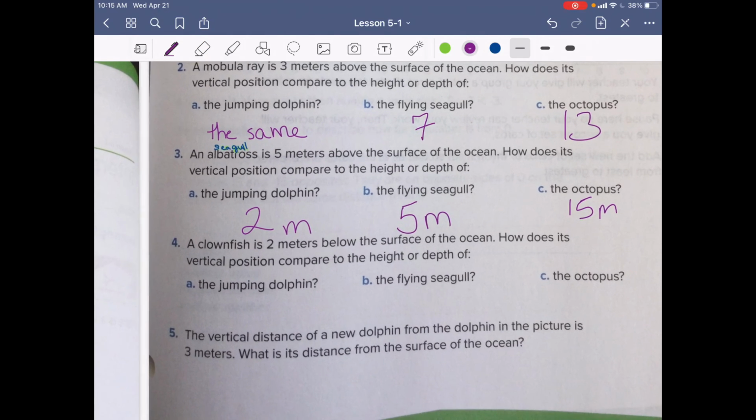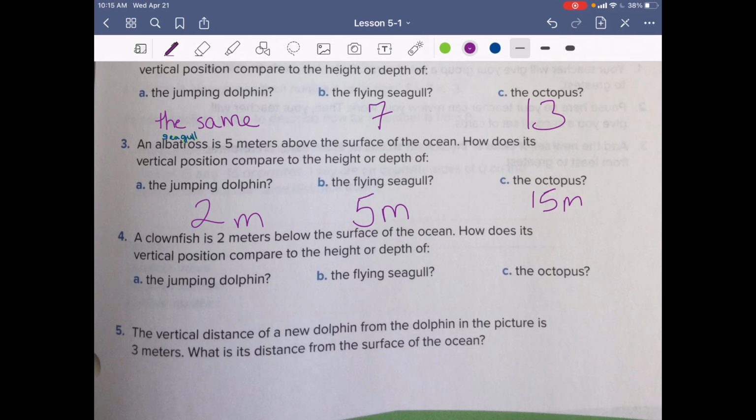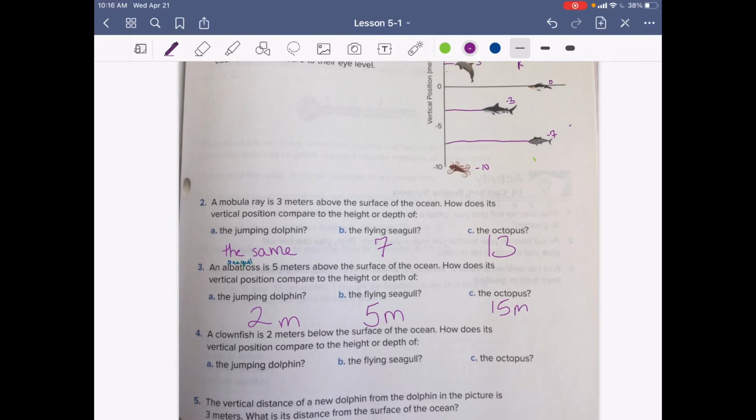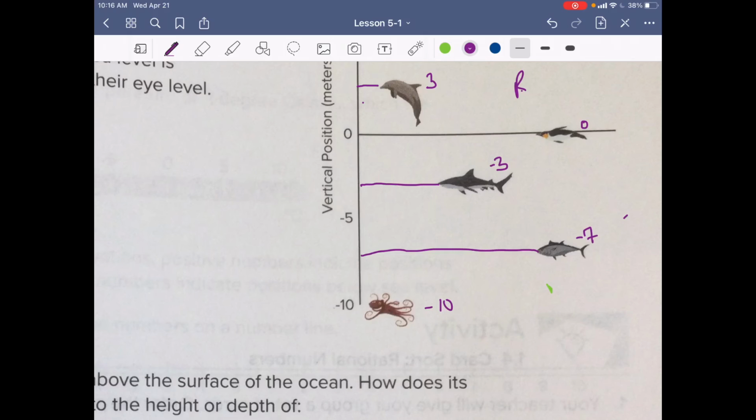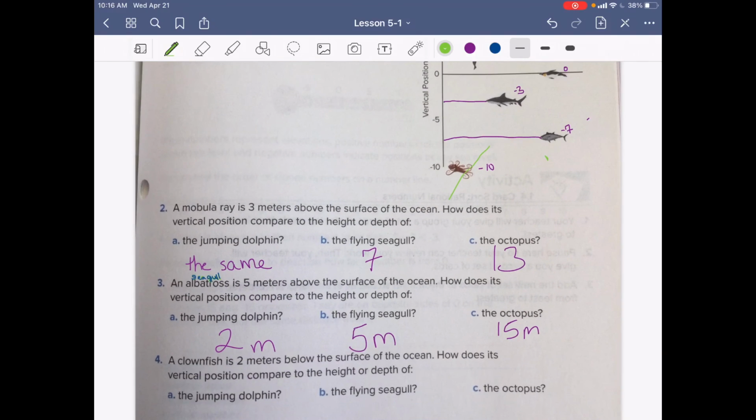Let's look at the next one. A clownfish is 2 meters below the surface of the ocean. How does its vertical position compare to the height or depth of the jumping dolphin? So let's put our clownfish in. It was 2 meters below.